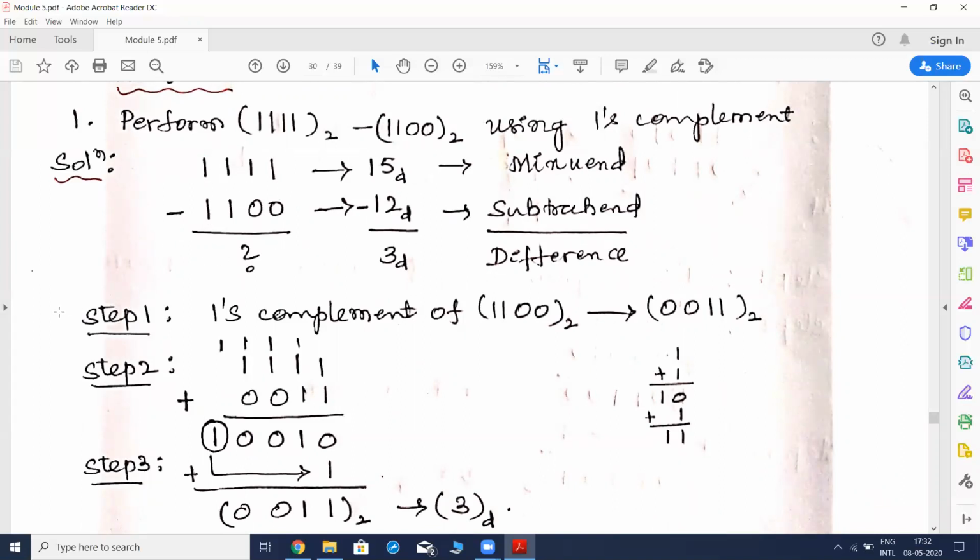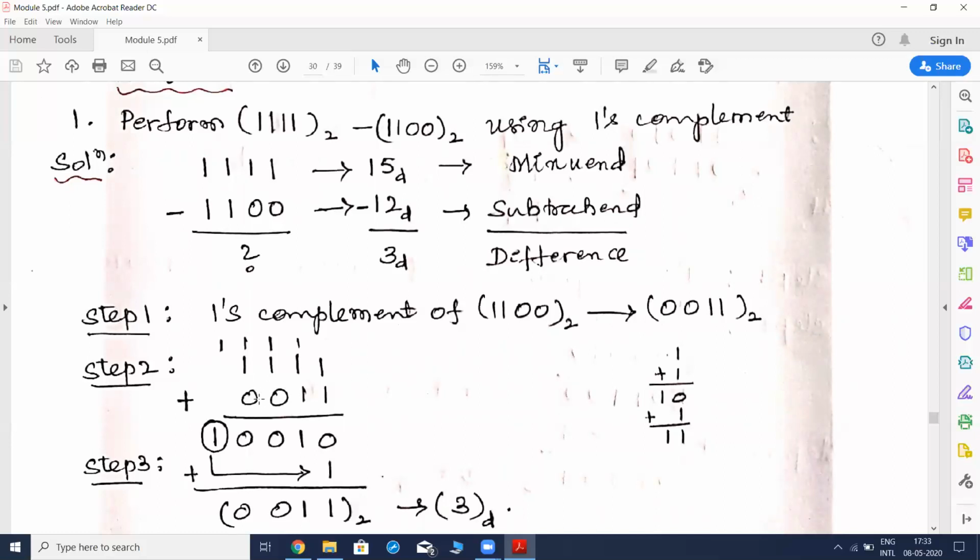What is the first step that we need to do? We must find out the ones complement of the subtrahend. Subtrahend is 1100, right? So when you perform ones complement, you will get 0011. Write that down for the next step.